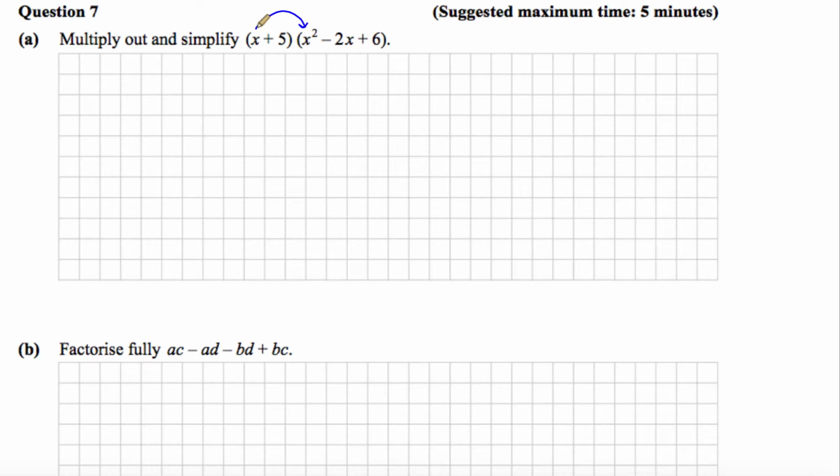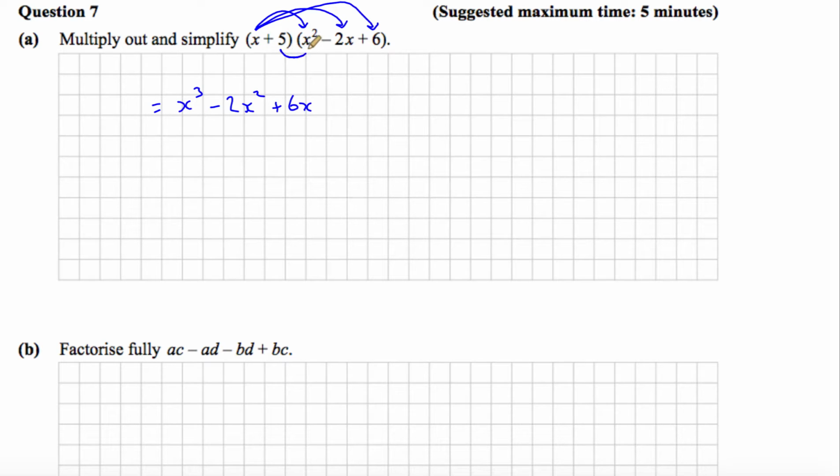So I'm going to multiply the x by everything first. So x by x² gives me x³. x by −2x is −2x². And x times 6 is positive 6x.